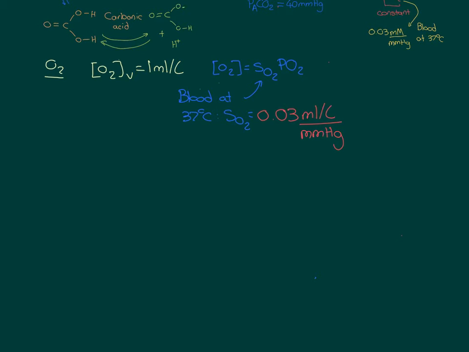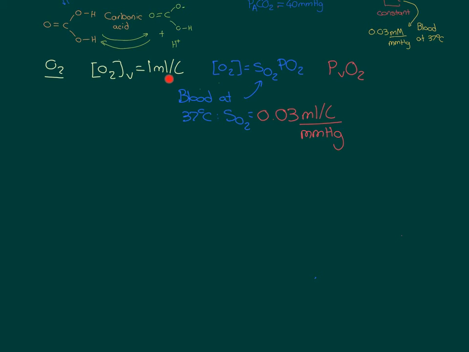Okay, so doing the maths then, what is the partial pressure of oxygen in the venous blood? What you'll need to do is divide 1 milliliter per litre by this and find out how many millimeters of mercury you would have to have in order to get this concentration of oxygen. Now think about this. If the partial pressure of oxygen was 100 millimeters of mercury, then the concentration of oxygen that we would end up with is just 100 times this, so it would be 3 milliliters per litre.